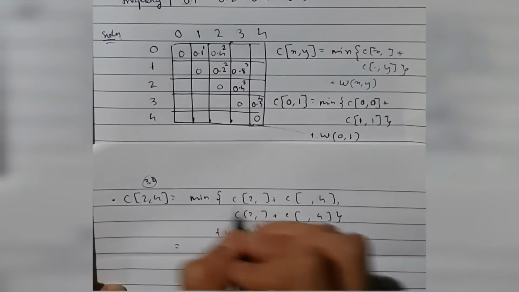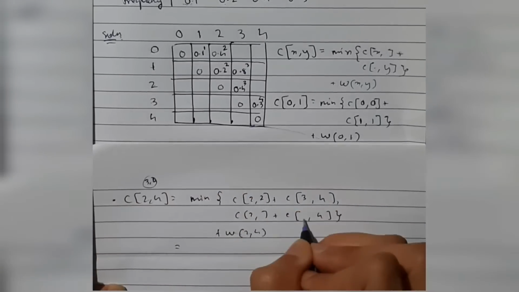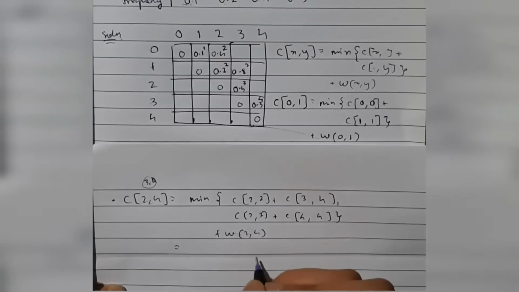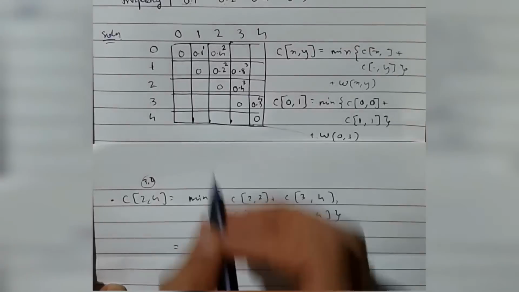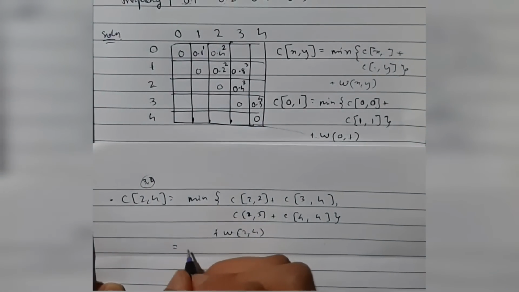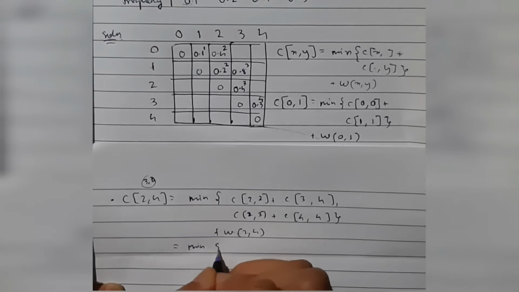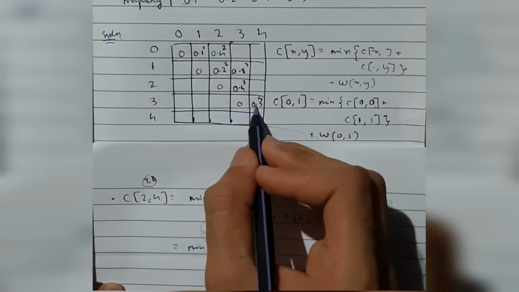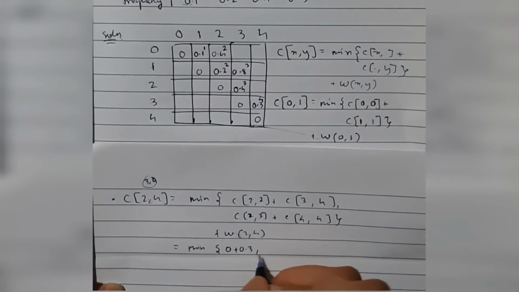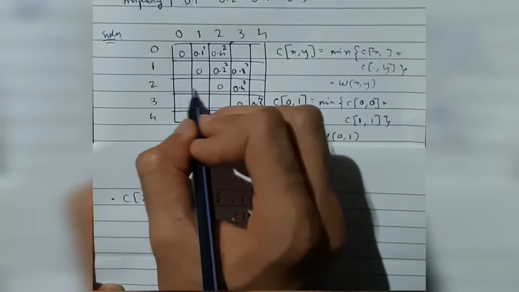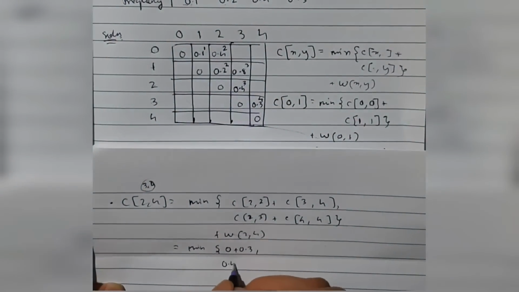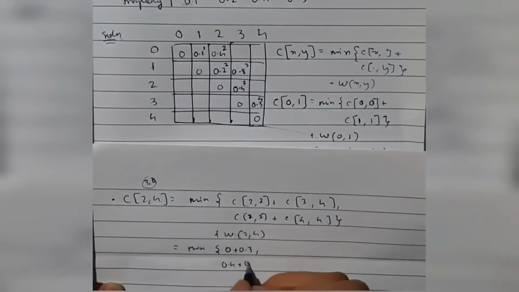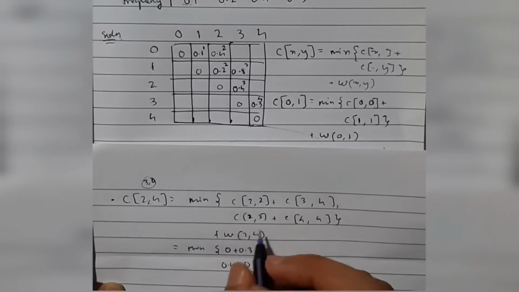Ignoring the first element, I'll be filling with 3 here and 4 here. Now looking at these values from the table, I'll be getting 2 comma 2 is 0 plus 3 comma 4, it's 0.3, and 2 comma 3, 0.4, 4 comma 4 is 0, and weight from 2 to 4.